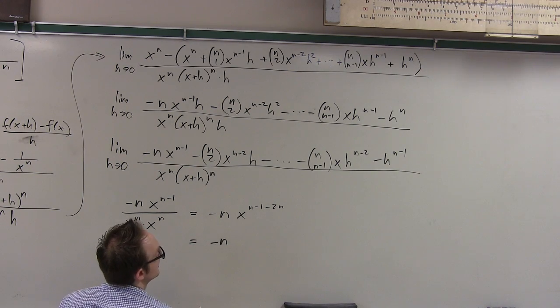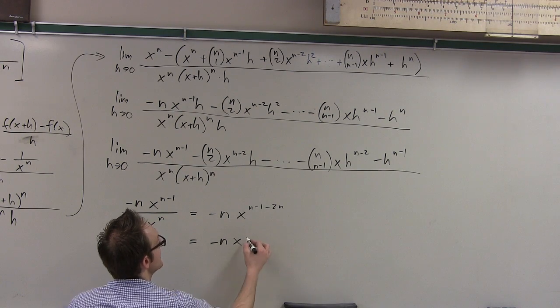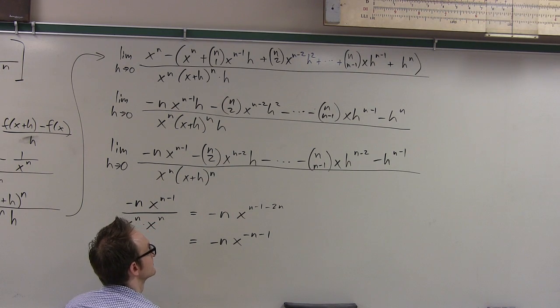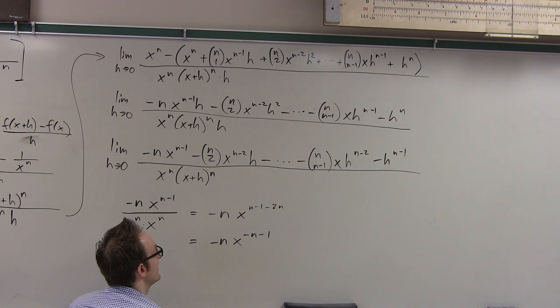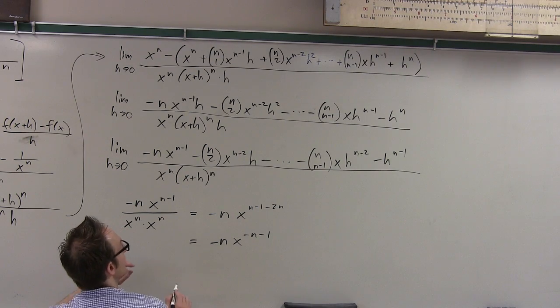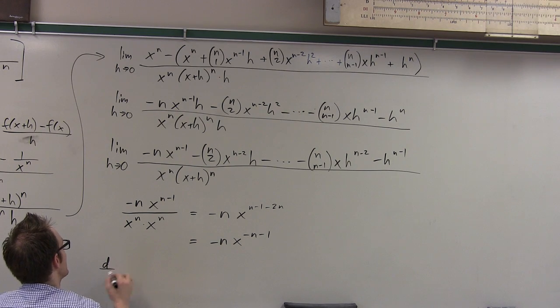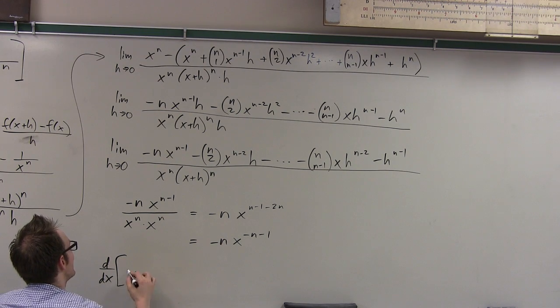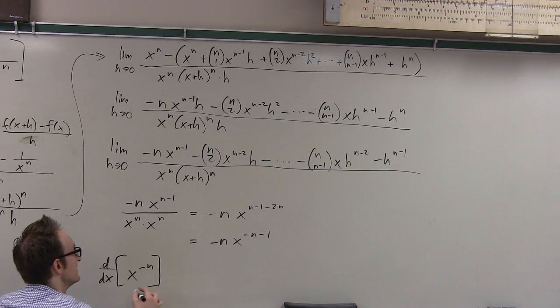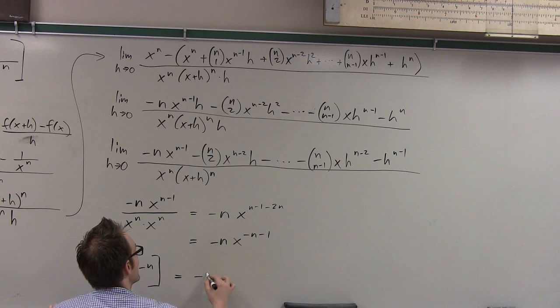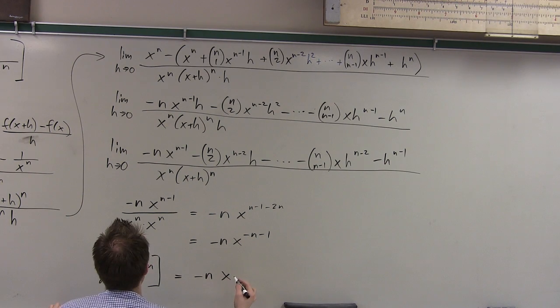Negative n x to the negative n minus 1. All right, and so what we have really just done is we have shown that the derivative of x to the negative n, where n is positive, is negative n x to the negative n minus 1.